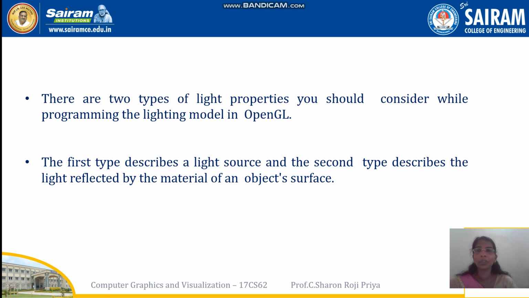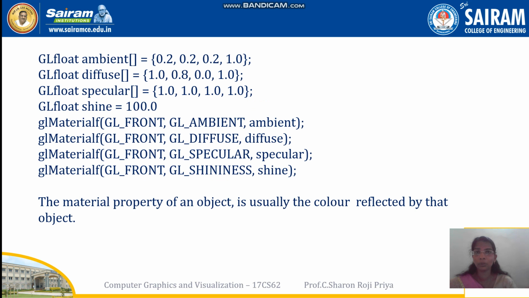When I program a lighting model in OpenGL, there are two things I have to remember: the light source and the material property. The material property depends upon the reflected light, and that I will be specifying in glMaterialfv. So for GL_FRONT, for this side I have specified the ambient component, diffuse, specular and shininess.